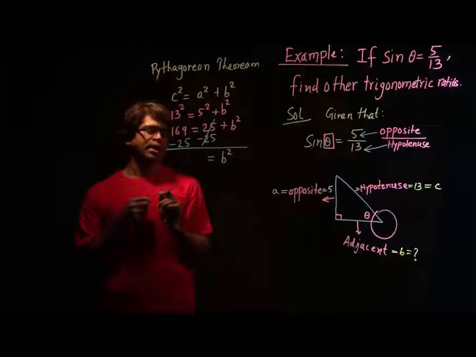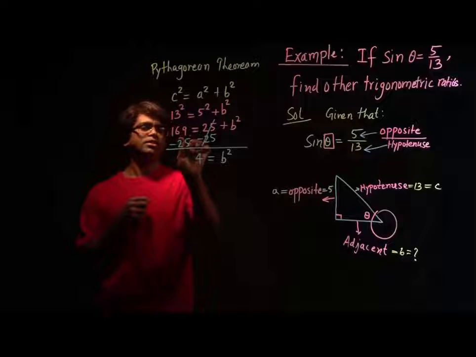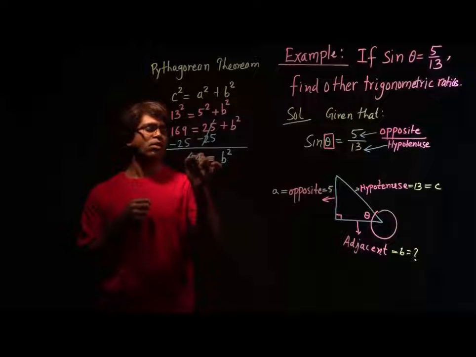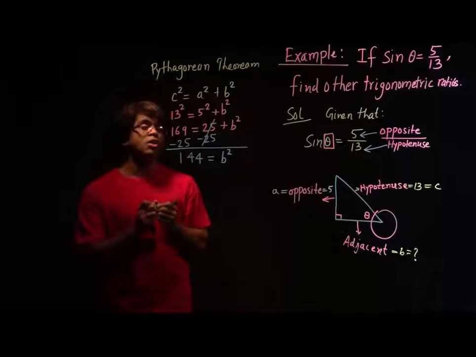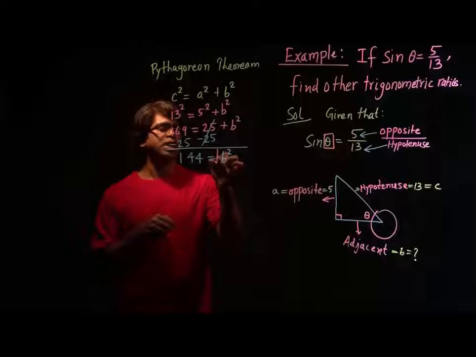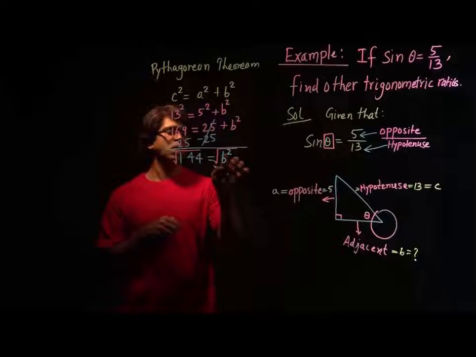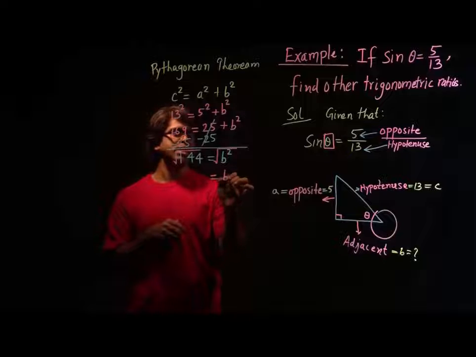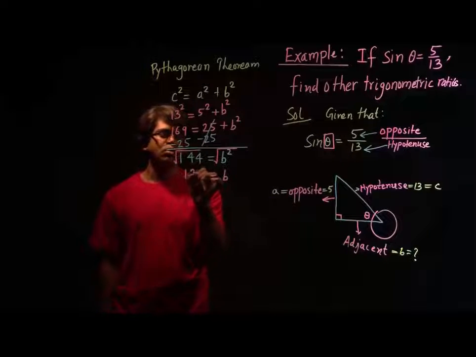Let's subtract. 9 minus 5 is 4, 6 minus 2 is again 4, and then 1 is left over, so we get 144. Now we need to find the value of b, so I'm going to take the square root on both sides. The square root of b squared is b, and the square root of 144 is 12.